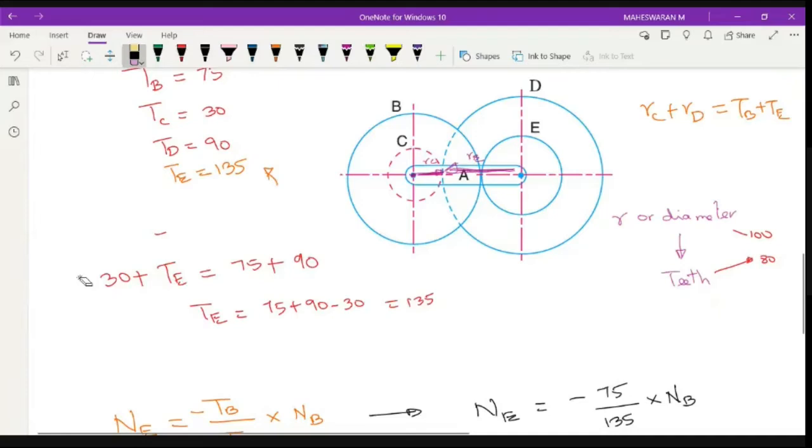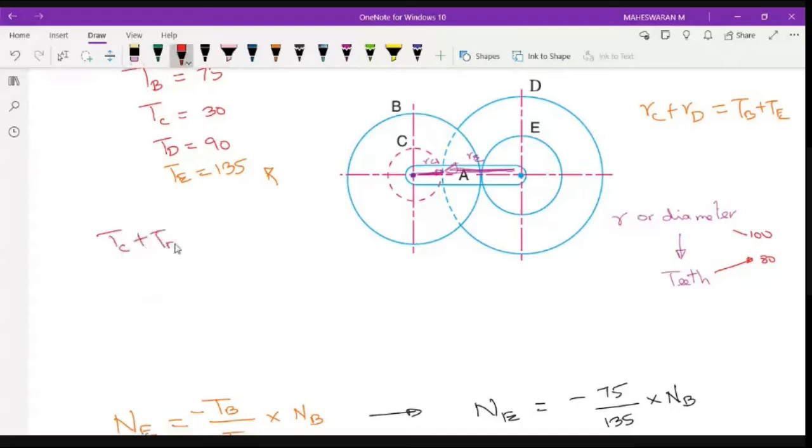I will write it here. So TC plus TD is equal to TB plus TE. So TE will be equal to TC 30 plus 90 minus 75.